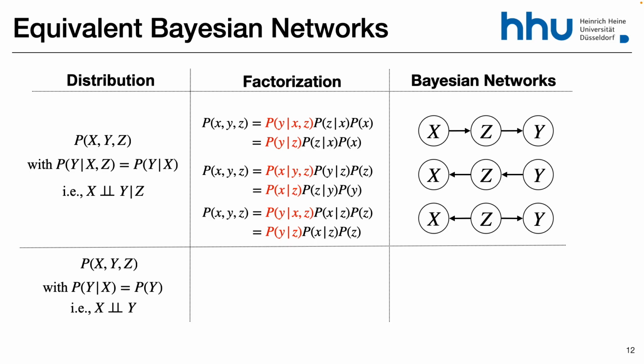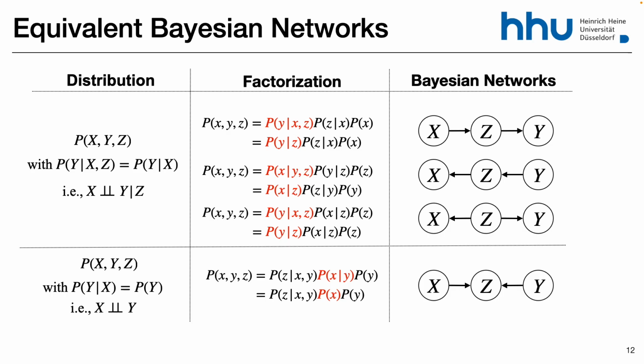Suppose that I give you now X independent of Y, and then I try a factorization. So I try this one where Z, then X, then Y. And I said that's just this, X independent of Y. So this term can be simplified to this one. And then I write the same thing here.